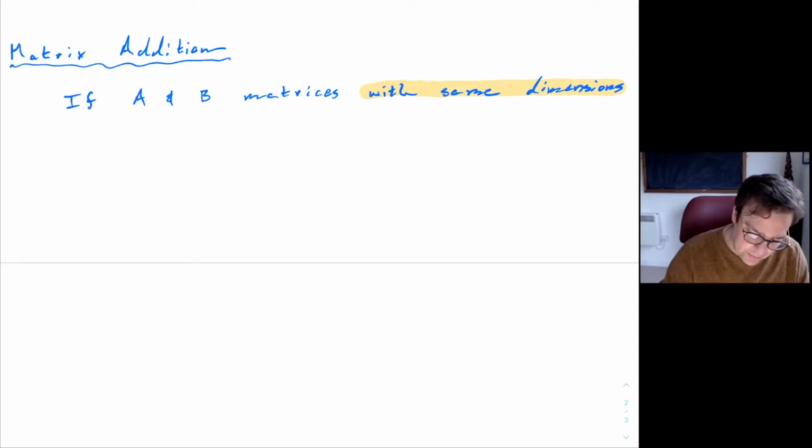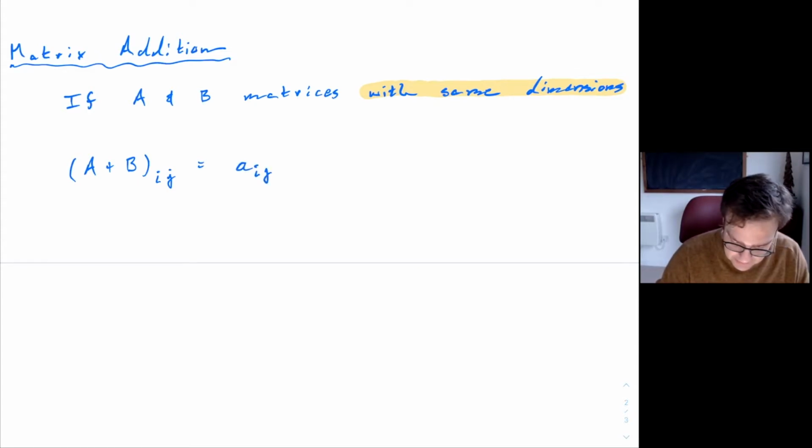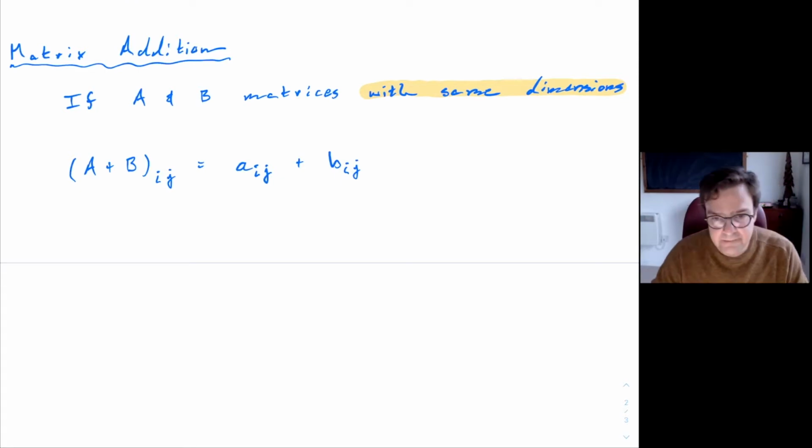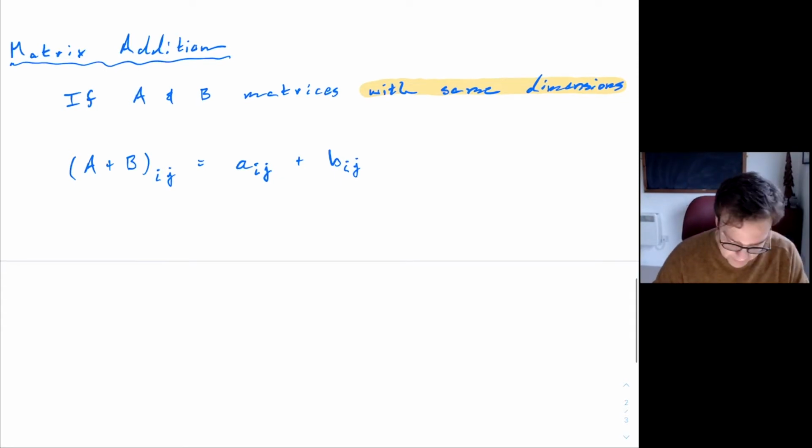So it's only going to be possible to add matrices if they have the same dimensions. Then we say the following. The matrix A plus B, its ij element is equal to the ij element of matrix A plus the ij element of matrix B. All right? So that's how matrix addition works.